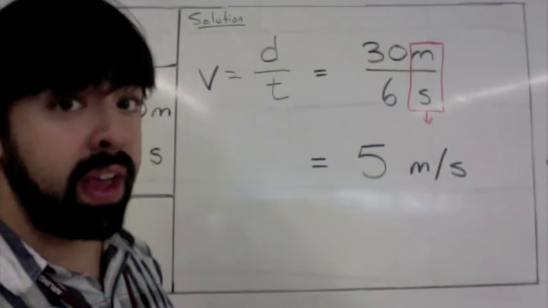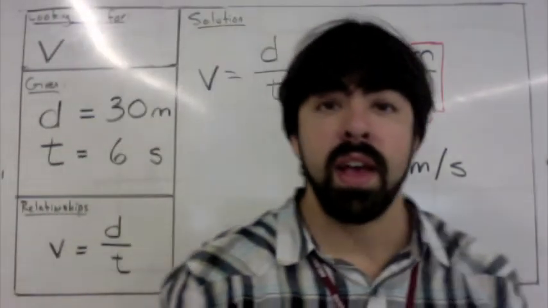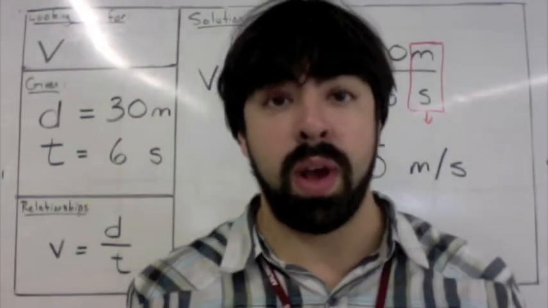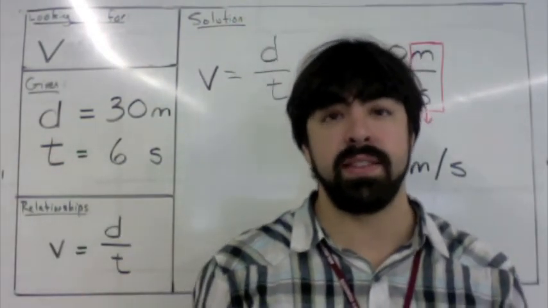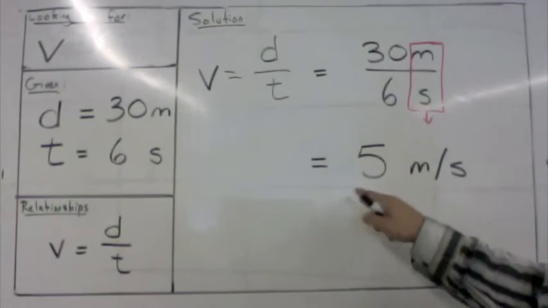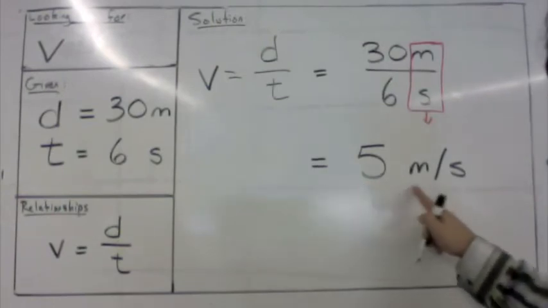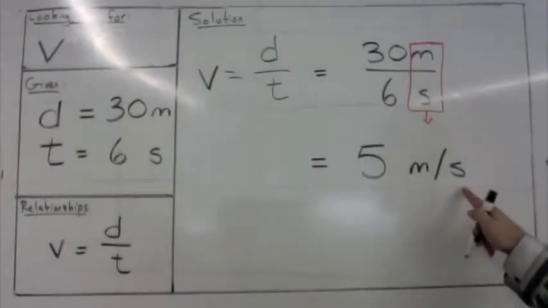This student was moving 5 meters per second. And it should make sense because if the student went 30 meters and it took the student 6 seconds, the student was moving a distance of 5 meters for every second that passed by.